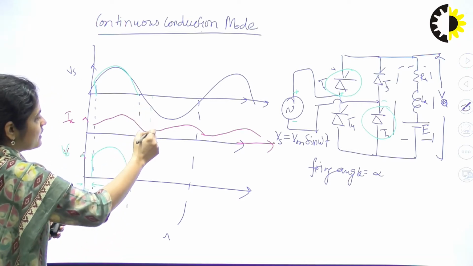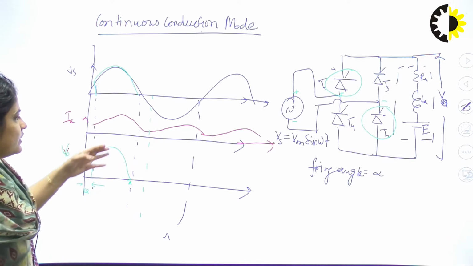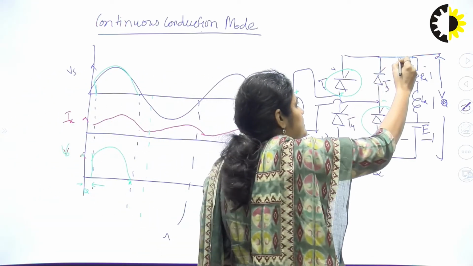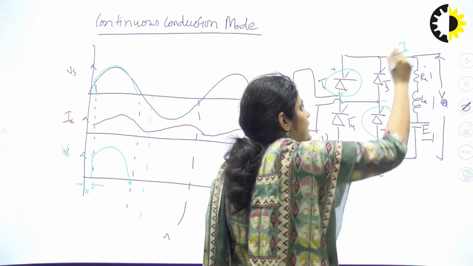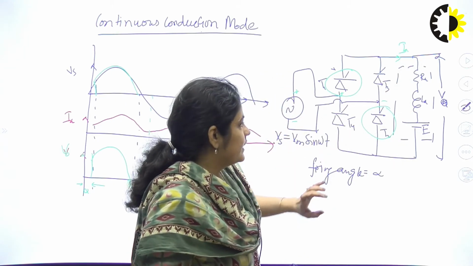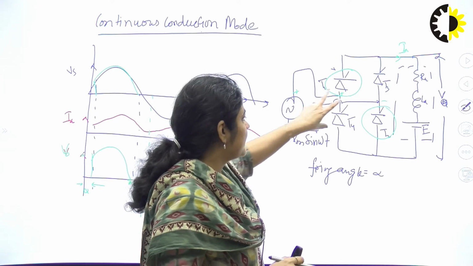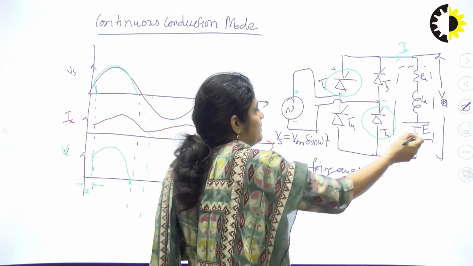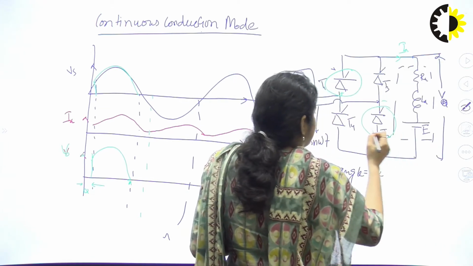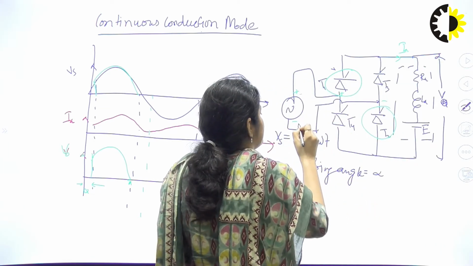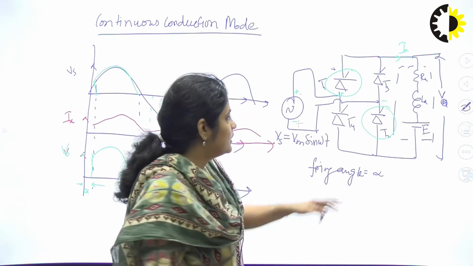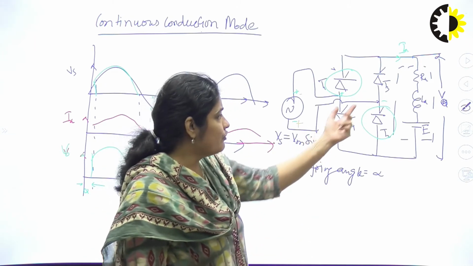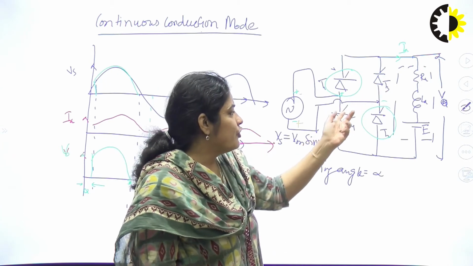Because it is continuous conduction, the current is continuously flowing through the circuit as IA. During the negative half cycle, this terminal becomes negative and this becomes positive. T3 and T4 will be in the forward blocking state.